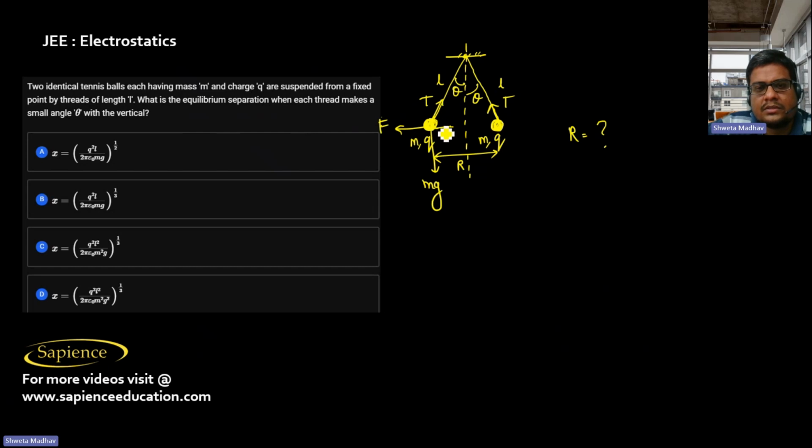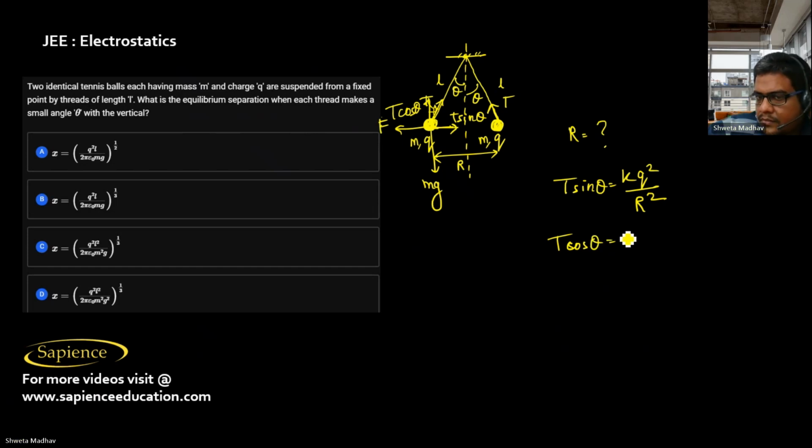This is the tension. Now this will be theta, so this will be T cos theta, and this will be T sin theta. Therefore T sin theta is equal to the force, that is equal to k q1 q2, that is k q square by r square. T cos theta is equal to mg.